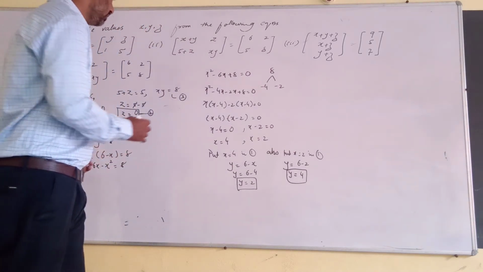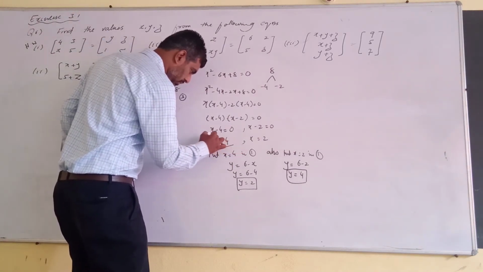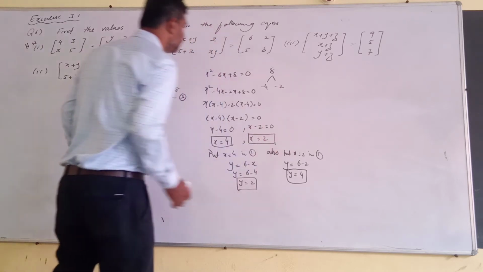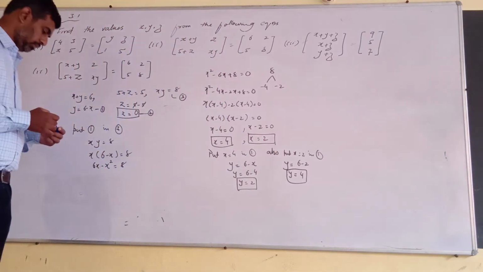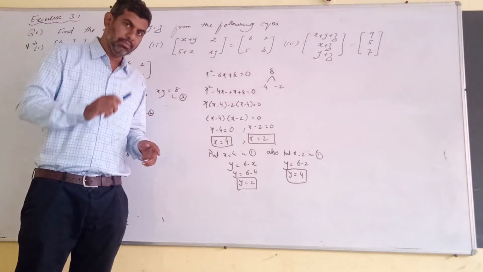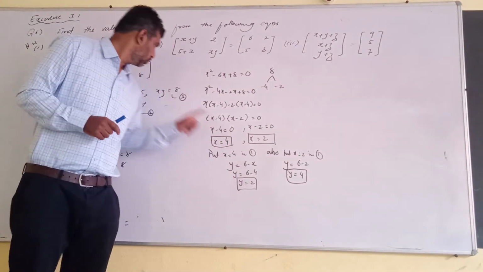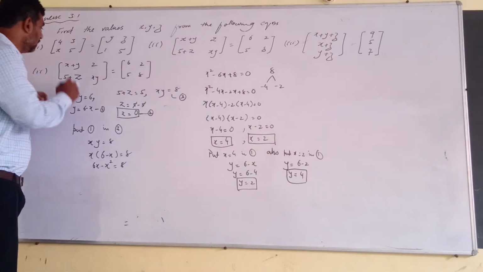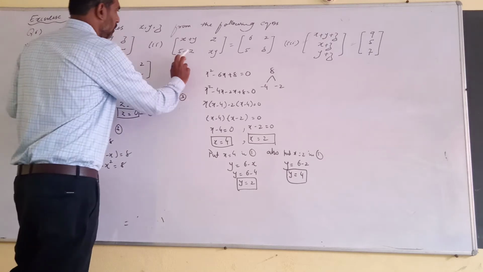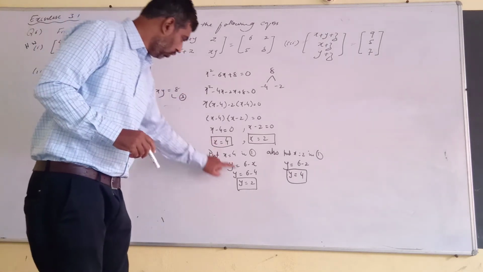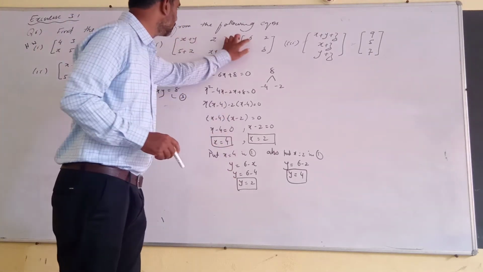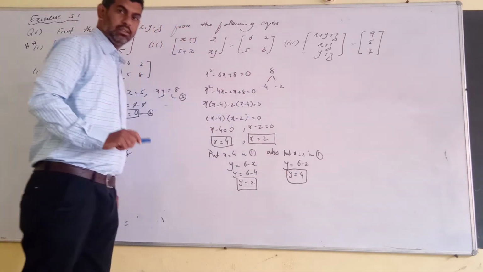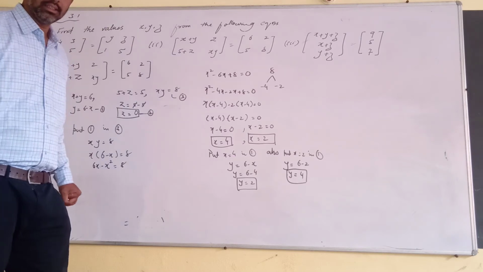So we got the x value and we got the y value. Sometimes, 4 into 2 is 8, 2 into 4 is 8. Here also, sorry, this question: 4 plus 2 is 6, 2 plus 4 is 6. Just check it orally.